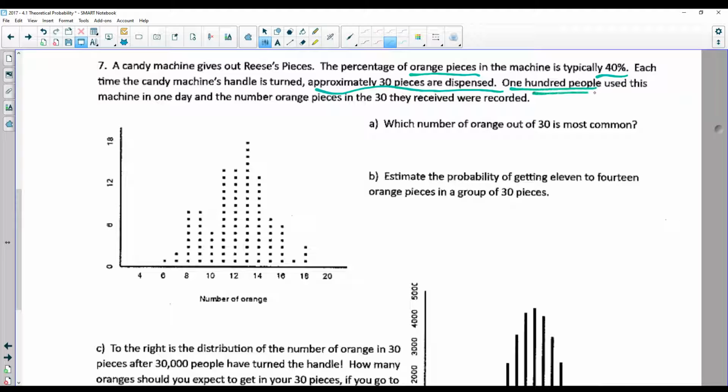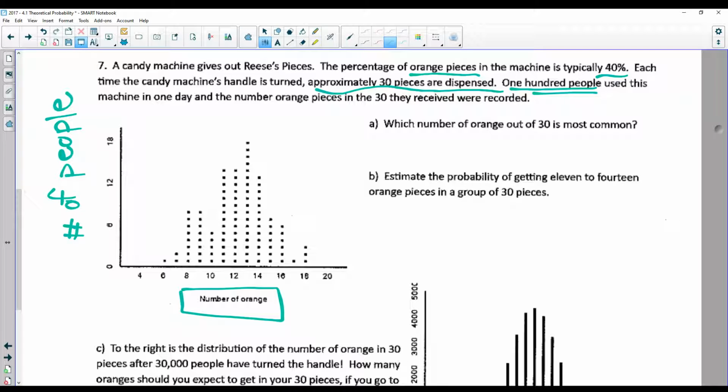Now, 100 people used this machine in a day, and the number of orange pieces in the 30 that they received were recorded. So if we look at our results here, we are counting the number of orange pieces, and this would be the number of people.